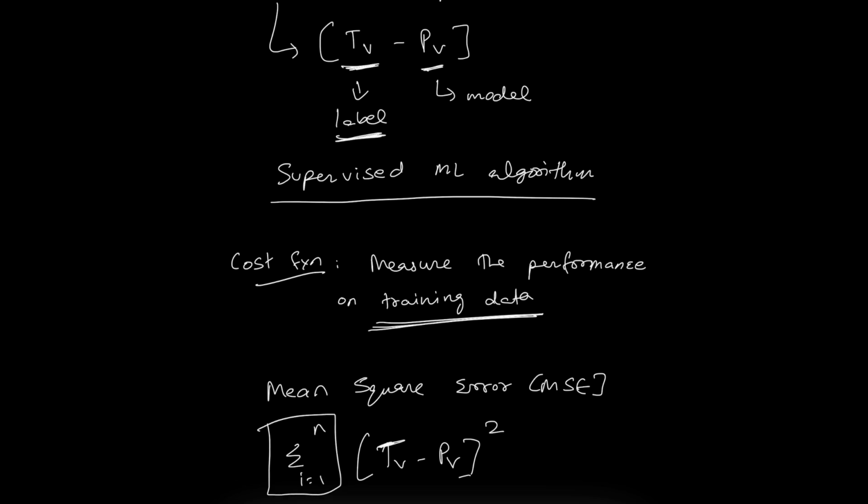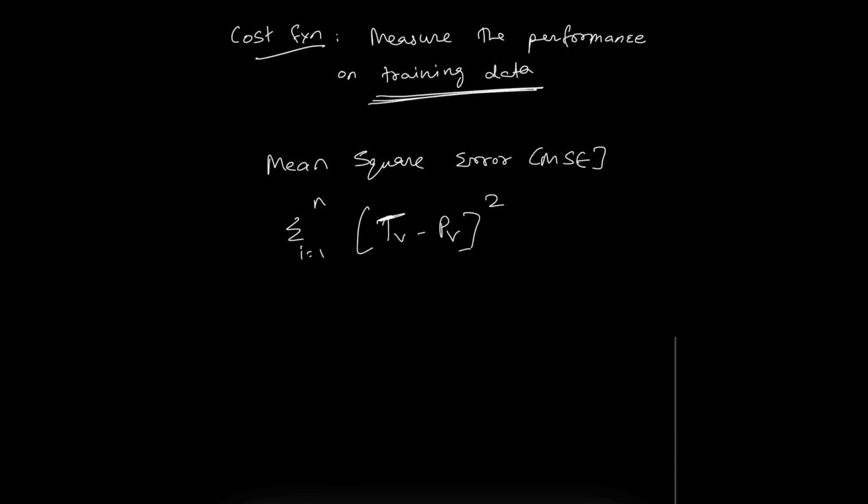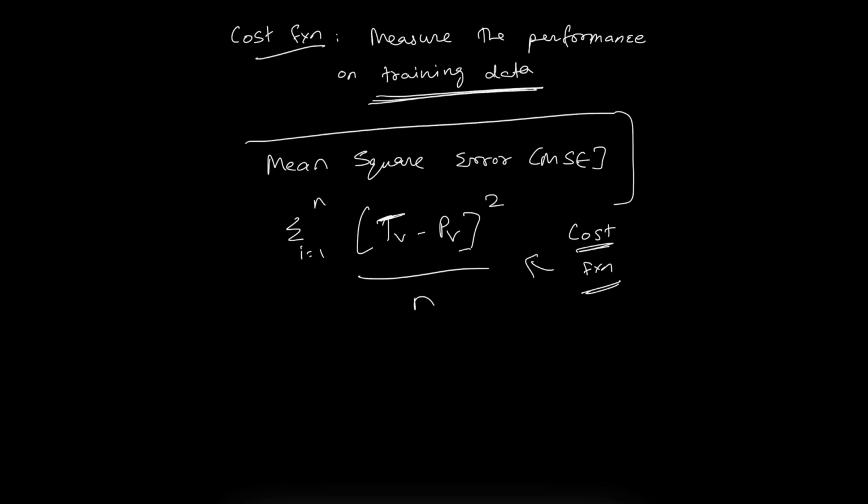Don't be scared of this notation. It's basically just saying, you take the sum, or rather sum all data points from i to n. So you just take the sum of all values, and then you divide it by the number of data points, or the number of values, because that will give you the average mean square error. And this is what we use as the cost function. And it's a popular cost function for linear regression.